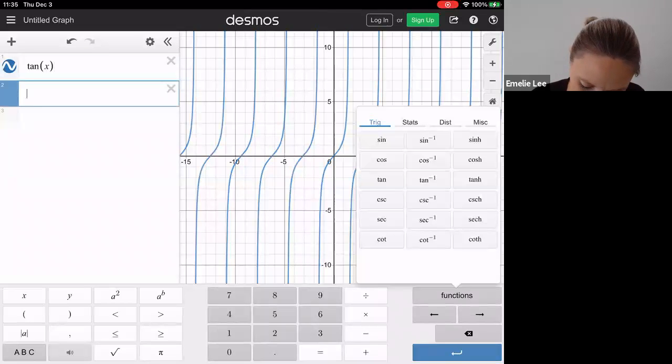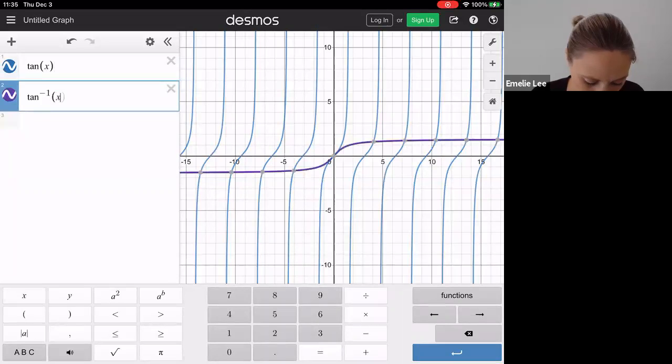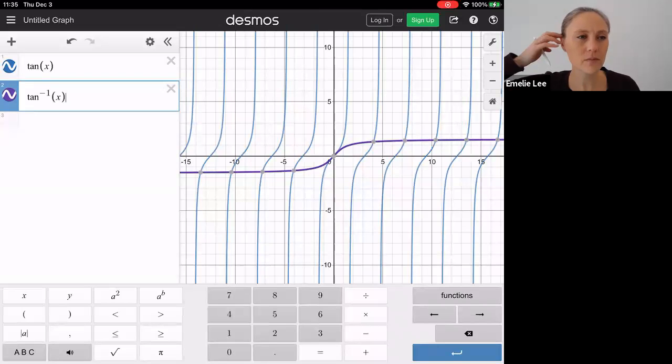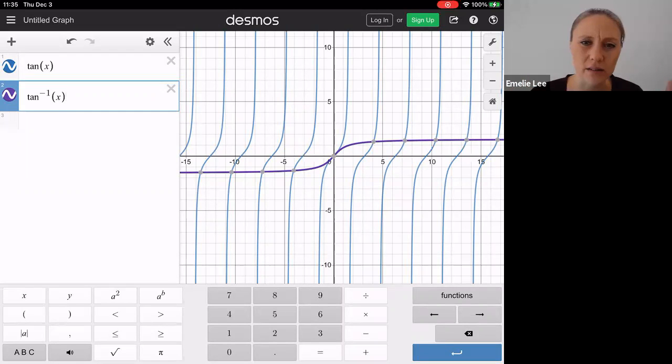and then tan inverse actually turns out quite nice. Tan inverse of x is this kind of long, kind of x to the power of a third, root of x style graph. Not quite, but ish, right?